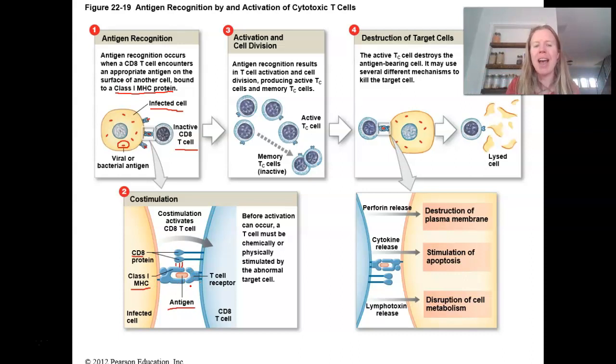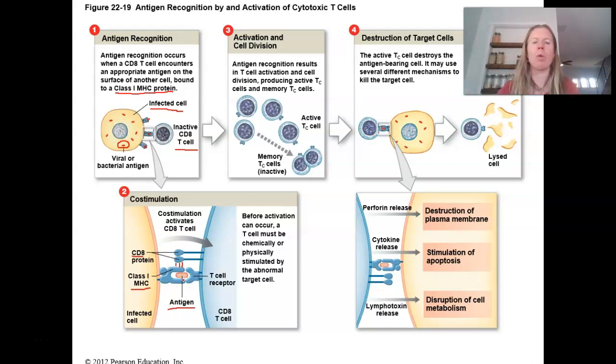But then the antigen receptor on the surface of that cytotoxic T cell needs to match the antigen that's being held on the surface. You could actually have multiple cytotoxic T cells come by and not have the correct receptor shape. It's when you finally find the one with the correct antigen receptor that says, wait, this is foreign, we should attack it.